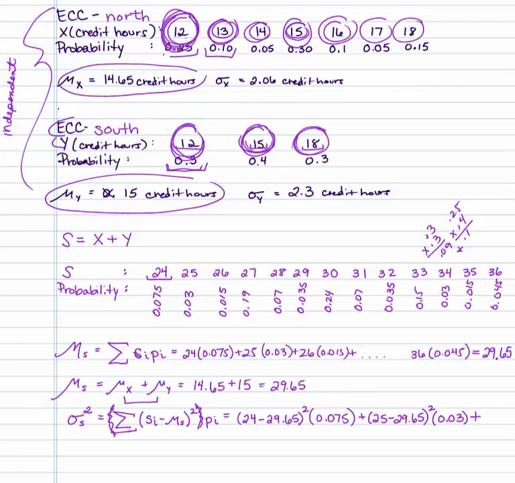Add it to 26. Take away the mean, square it, multiply it by 0.015. And keep on going till you get the last number, which would be 36. Take away the mean, square it, multiplied by the probability. Calculate that and see what you got.